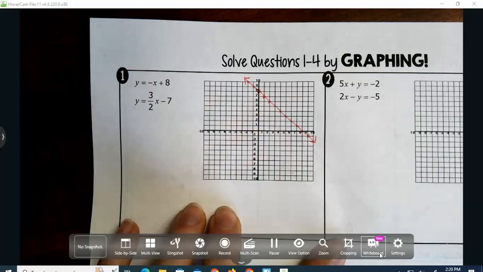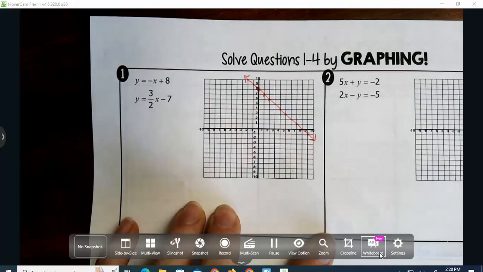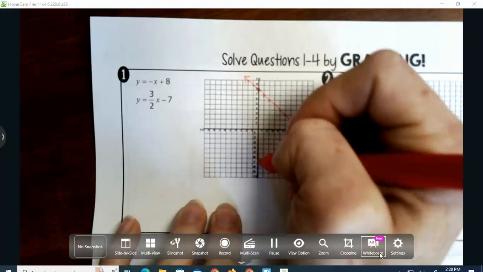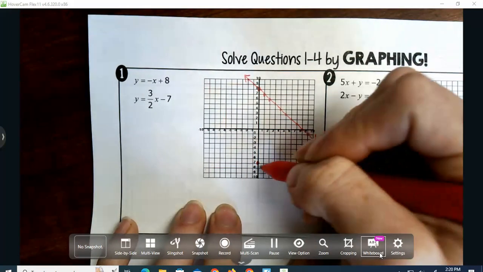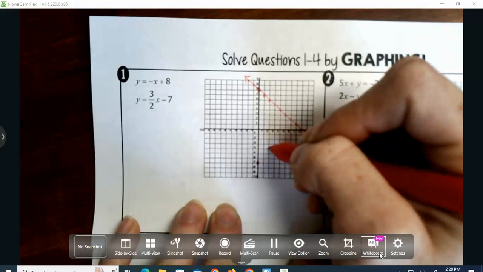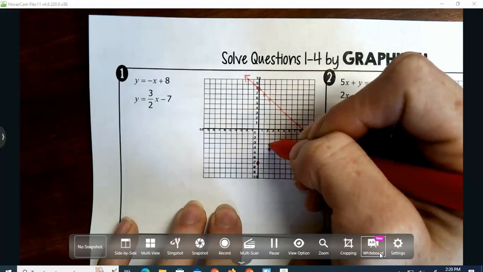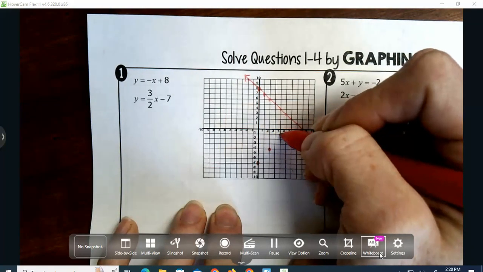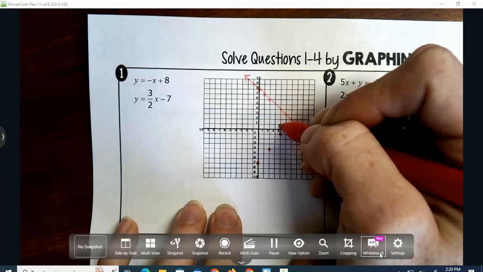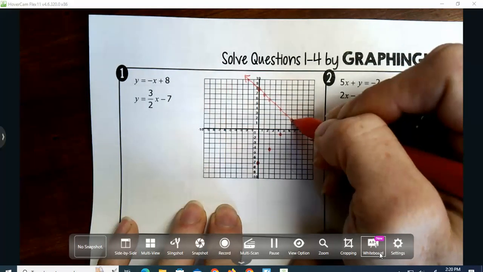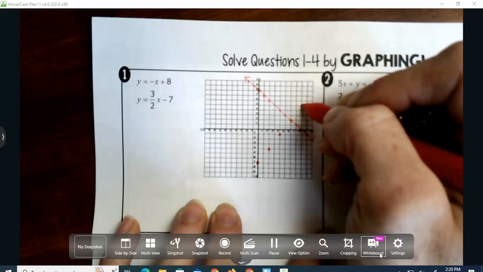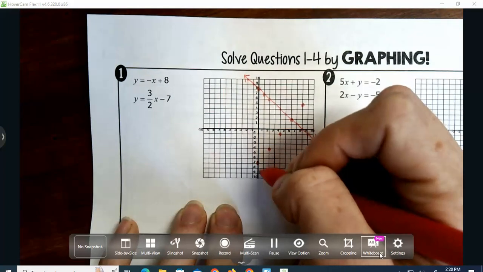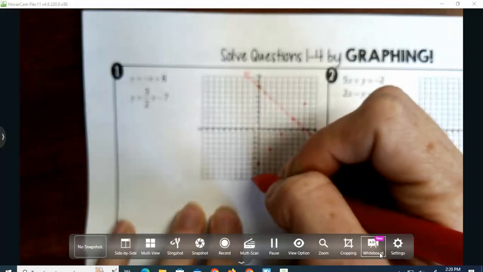So that's the first. Second line, y-intercept is -7. Slope. And again, you can either just make a bunch of points like I am or use a book or piece of paper to get your straight line.